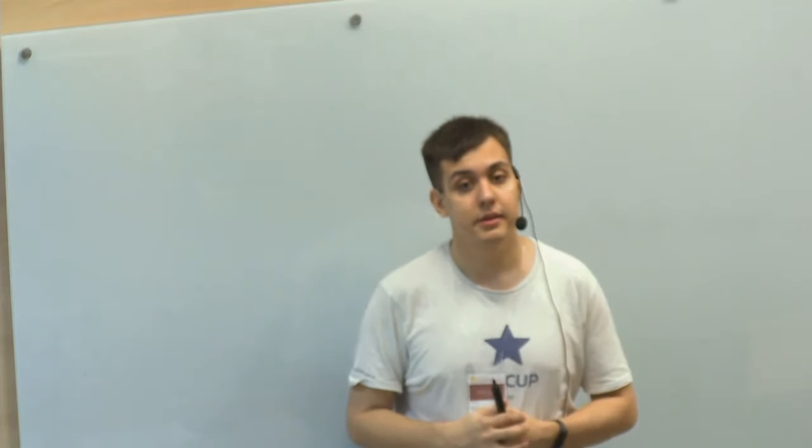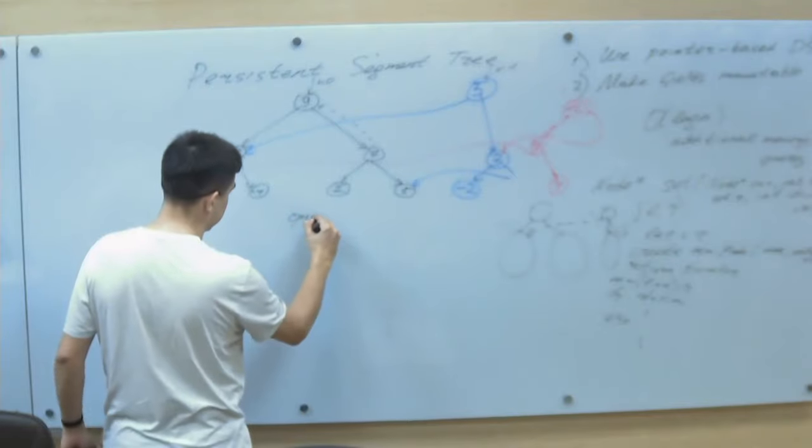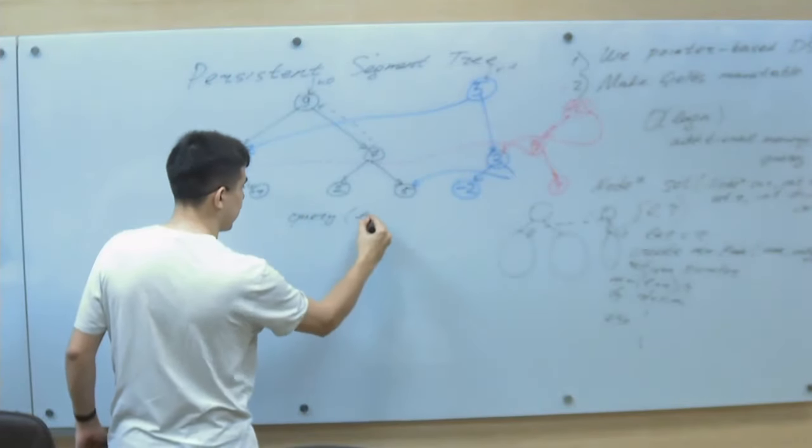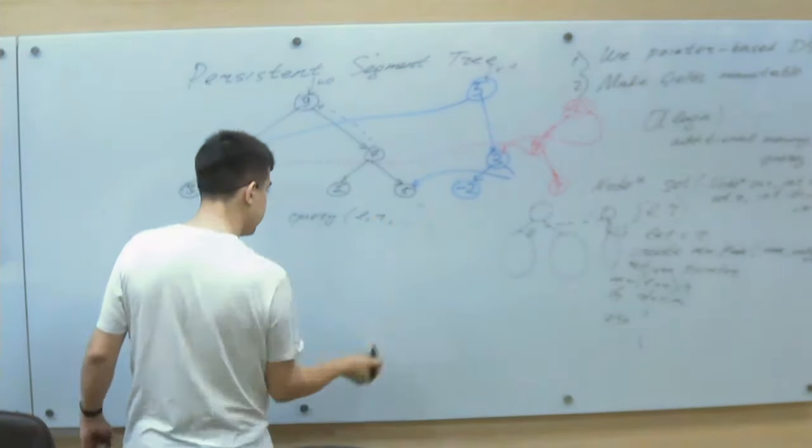Yes? Repeat about range updates. Well, what do you do in range updates? In range updates, you usually have a three-step program. You have some query from L to R and something else.